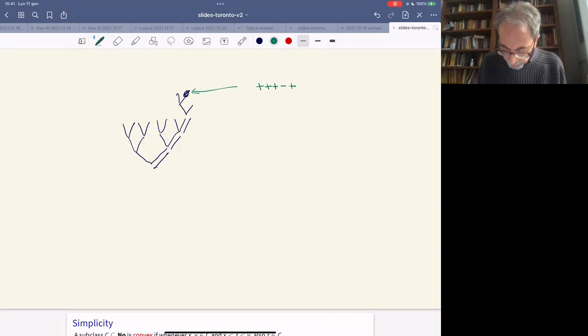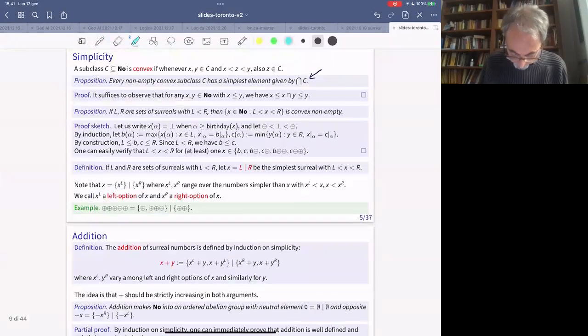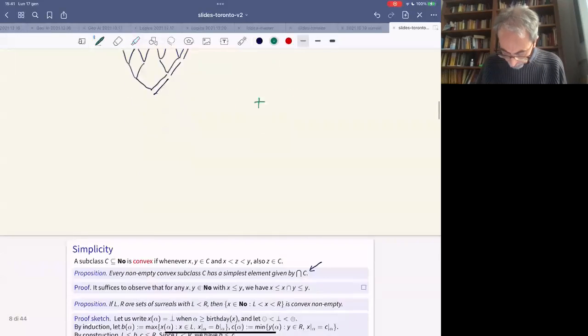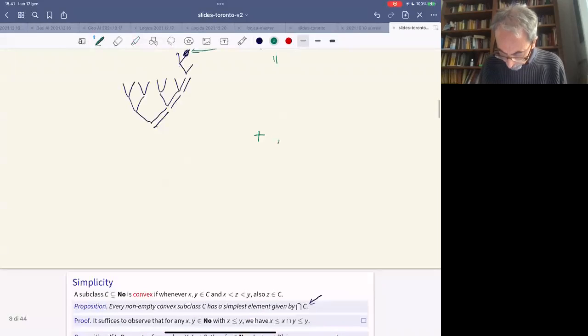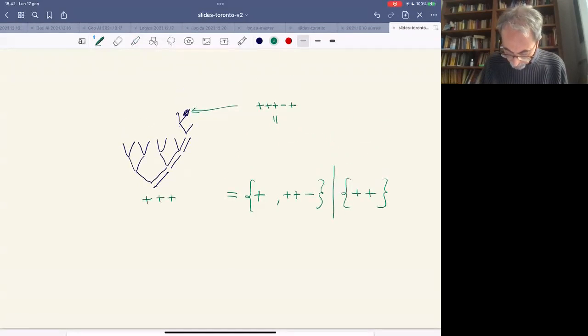And this guy here is the simplest element, which is bigger than plus, plus, plus, minus, plus, plus. Okay, let me explain this.